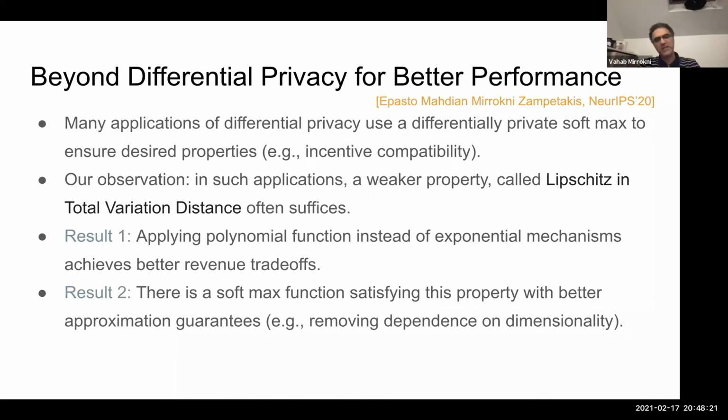We also observe that using different types of soft functions can help us get better approximation guarantees in settings where the dependence on the dimensionality would otherwise give us much less utility. This part is very technical, and the second result is very theoretical and not very practical. But the first one is useful in practice as well.